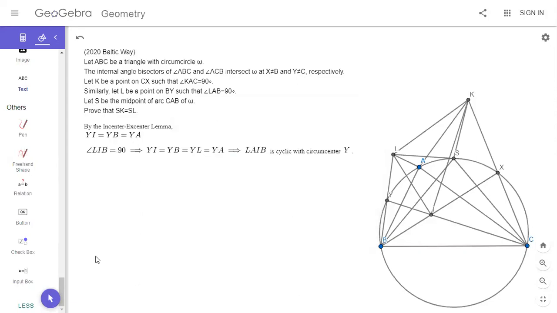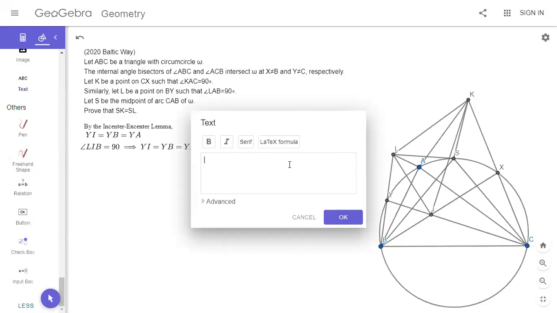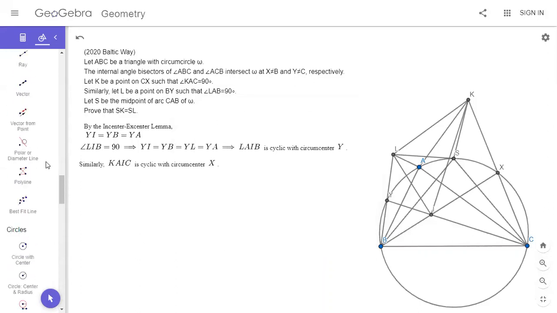And then similarly, KAIB is cyclic. I don't even know if we need that they're cyclic actually, but we'll just write it out for now. All right. We'll draw those two circles.